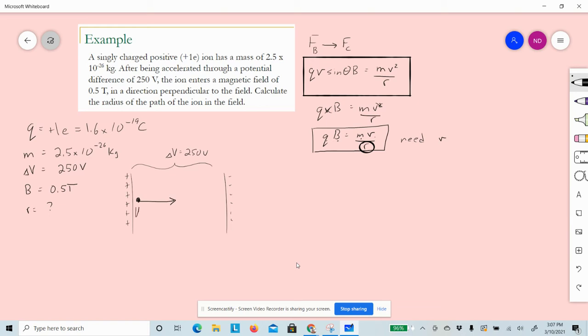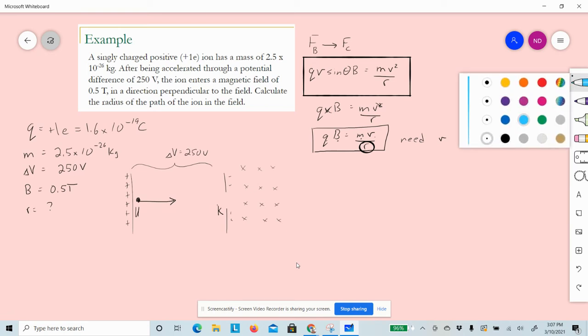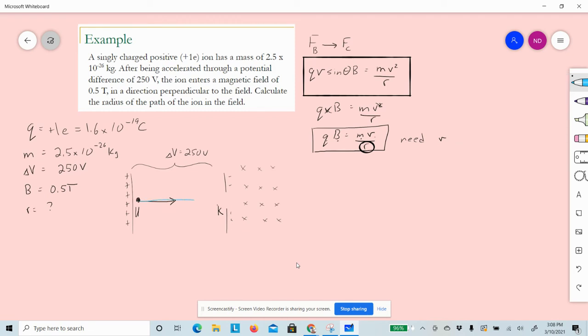Over here, it has lots of potential energy. Over here, it's going to have lots of kinetic energy. When it gets over here with all this kinetic energy, it enters the magnetic field. Maybe the magnetic field is into the board. Maybe there's a little hole in the capacitor plate there. So this thing, whatever it is, will zip through here and enter the magnetic field and get curved around.